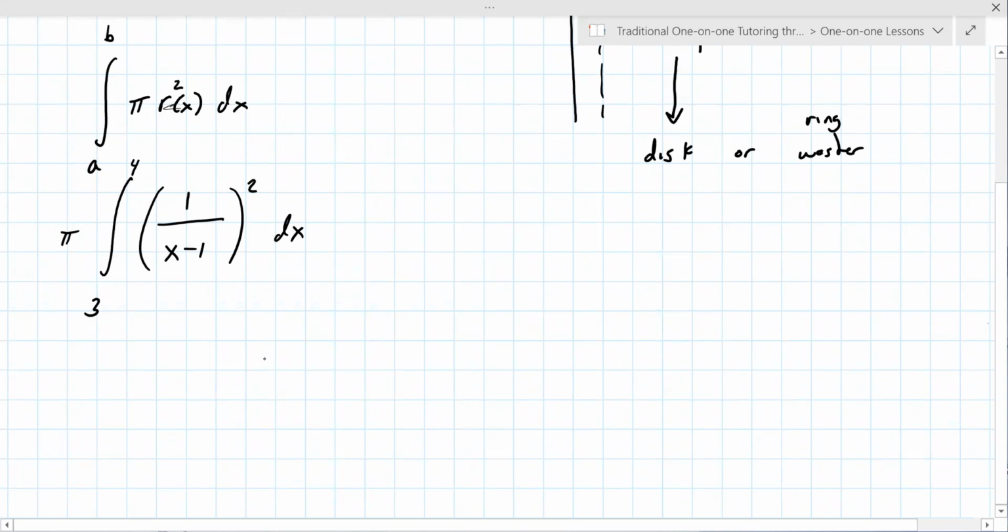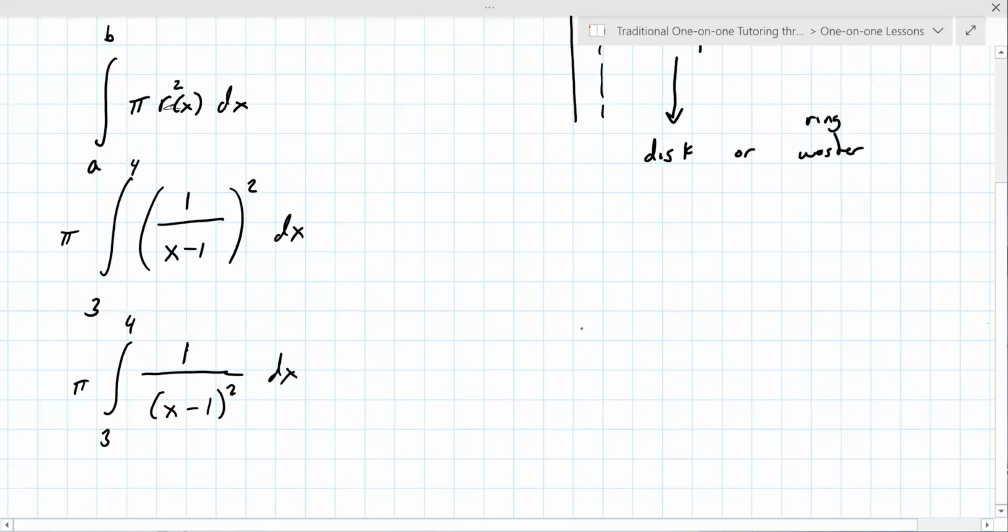Well, not 100% sure. Okay, I'm going to just square the top and the bottom like this, and we still have this pi on the outside, 3 to 4, and dx.